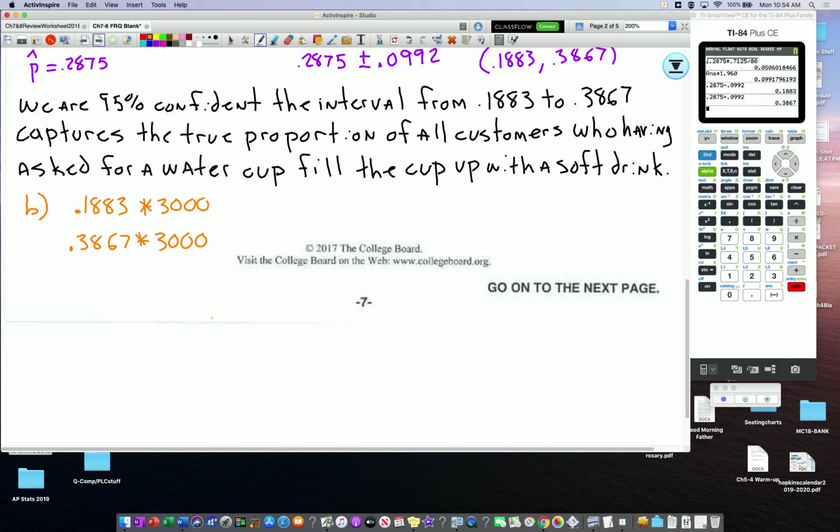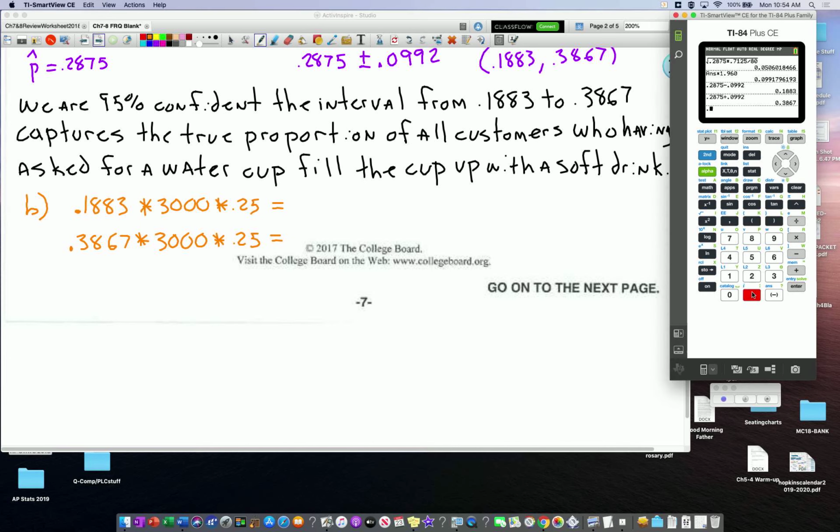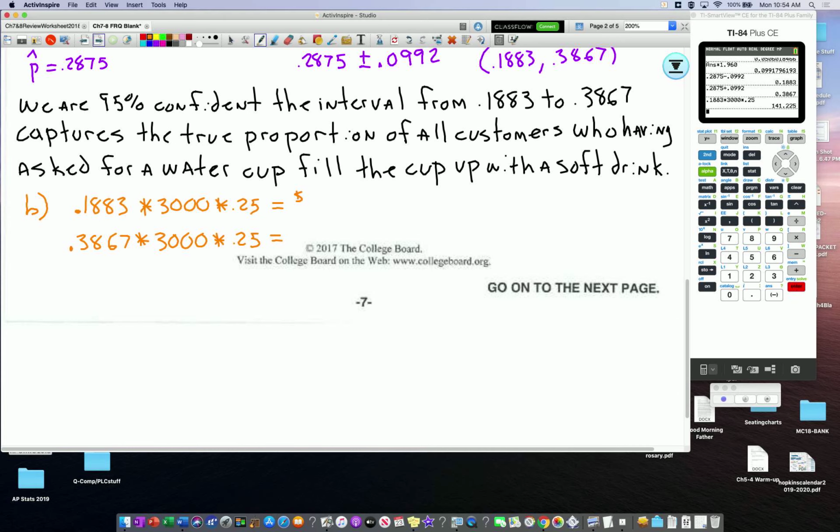Then I multiply by how much it costs me, 25 cents. On the low side, 0.1883 times 3,000 times 25 cents costs me $141.23.